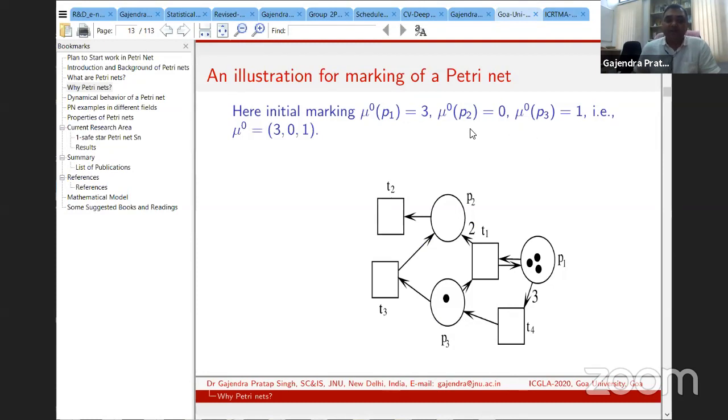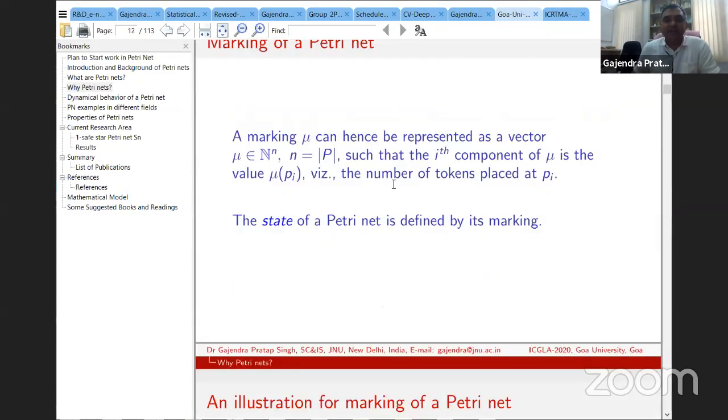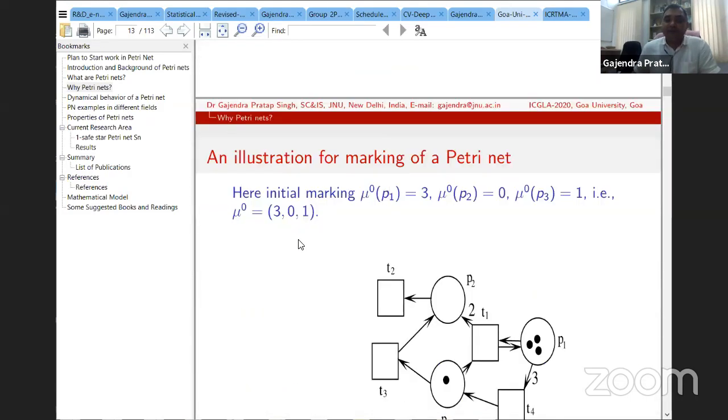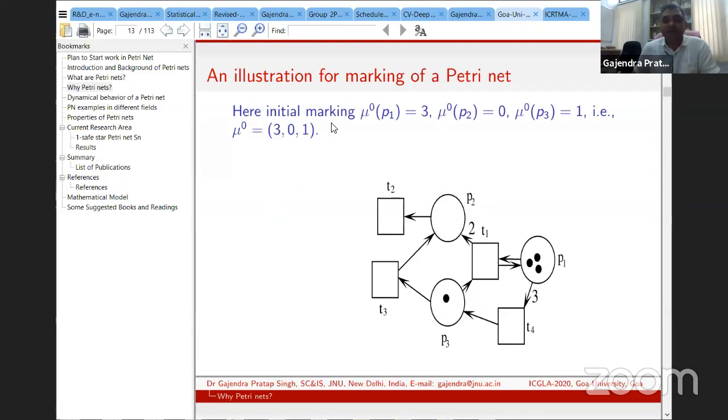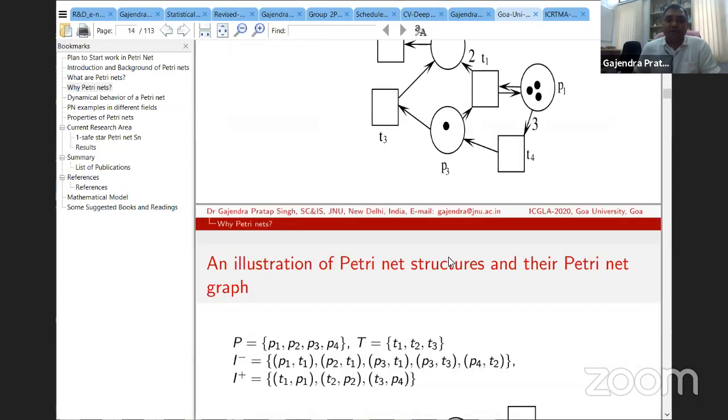By this definition, mu belongs to N raised to power n, and it can be represented in vector form. The first component represents the number of tokens present in place 1, the second component represents no token, 0 tokens, and similarly the third component.